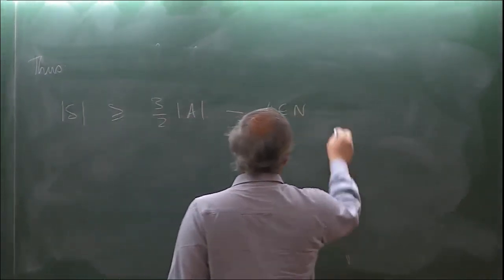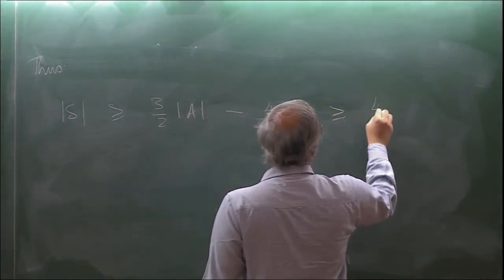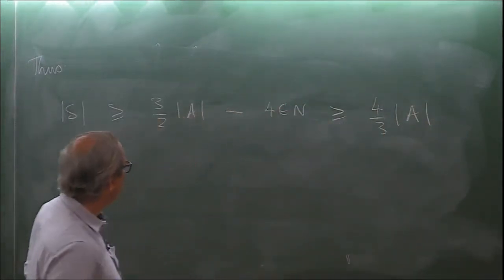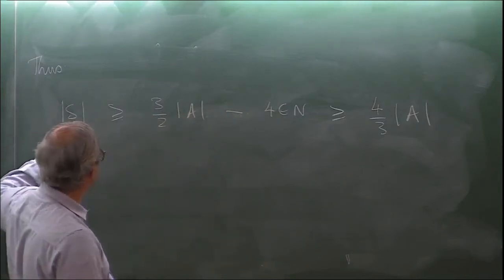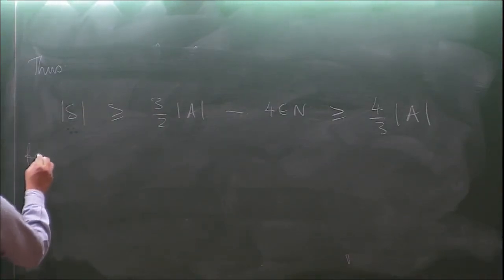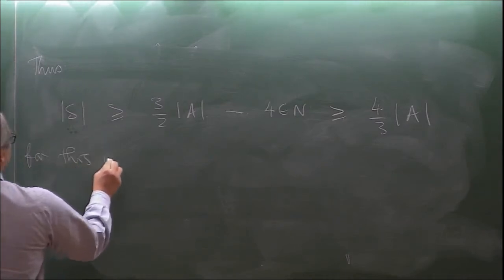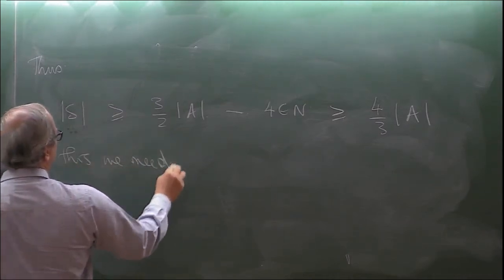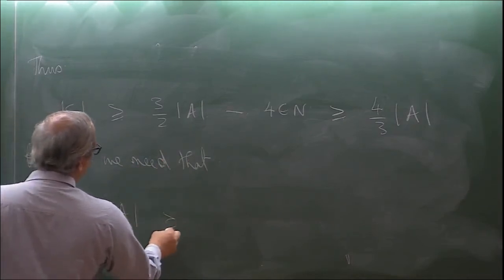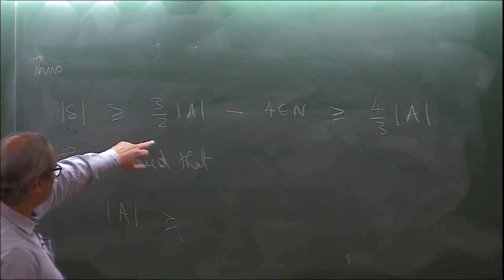And we want this to be greater than, let us say, 4 by 3 times the cardinality of A. Okay, we would like to say that S is at least 4 by 3 times the cardinality of A. So if you subtract for this, we need that the cardinality of A is bigger than, doing this subtraction, so that's a 1/6.